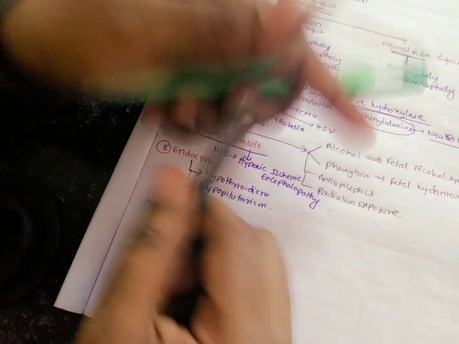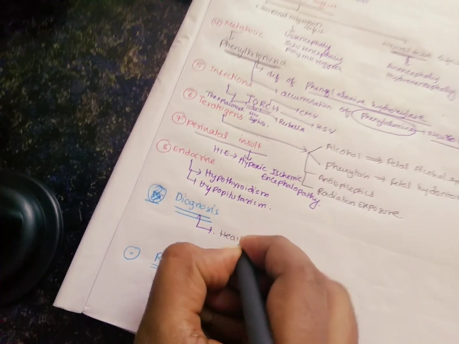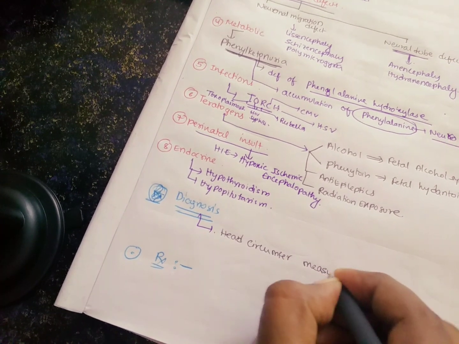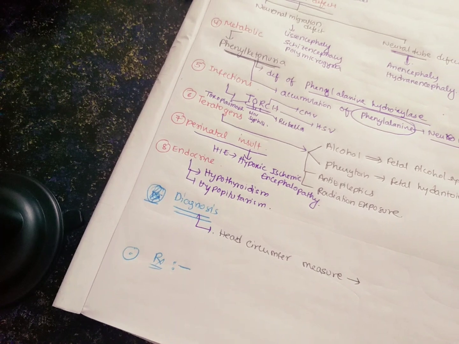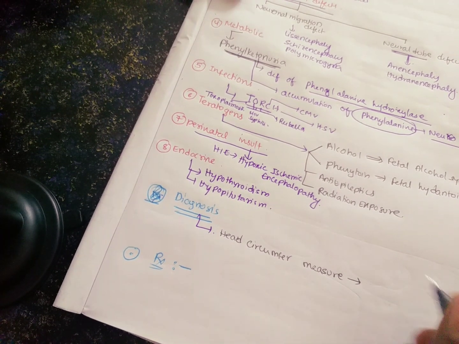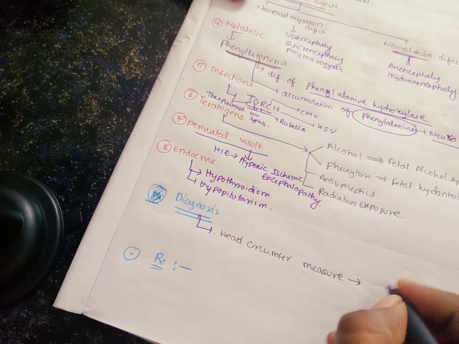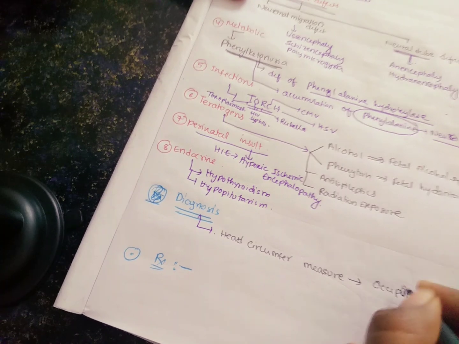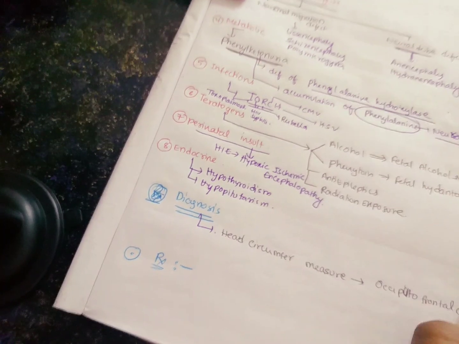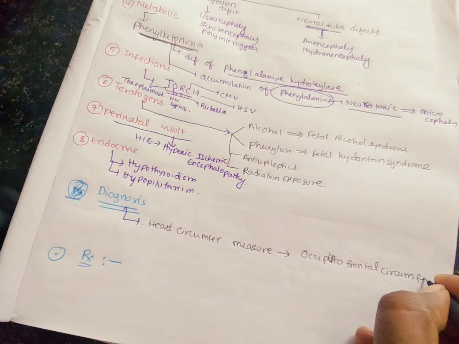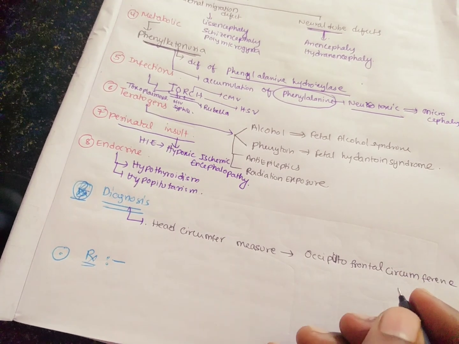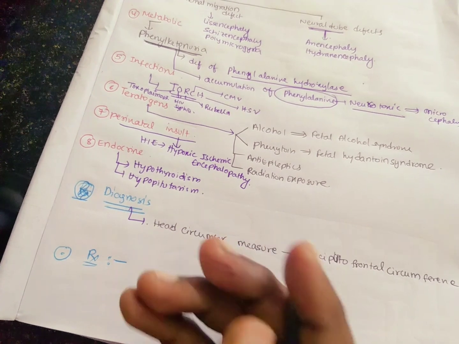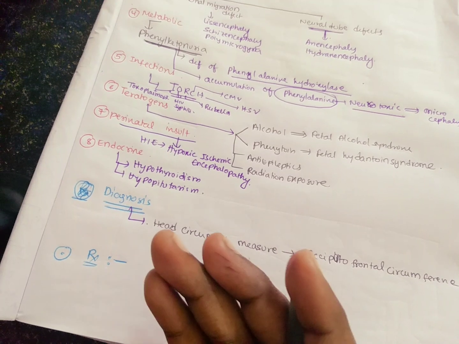We measure the head circumference using a tape from the occiput to the supraorbital region, the occipitofrontal circumference. It will be reduced for that age, then we can know microcephaly is present. More than 3 standard deviations below the mean means microcephaly.